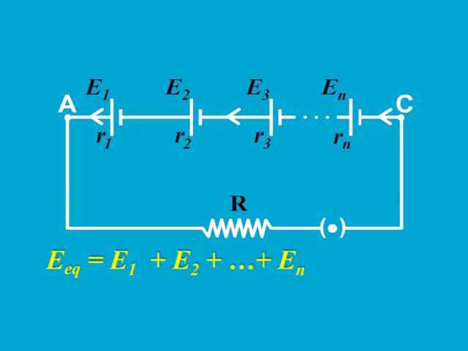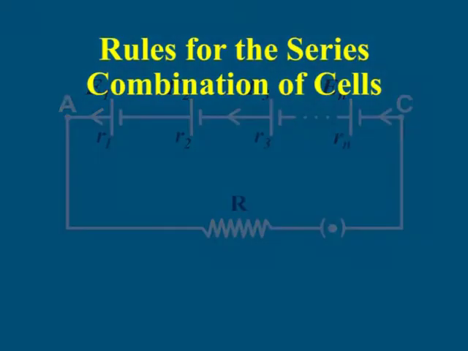And equivalent internal resistance of the cells is R equivalent is equal to R1 plus R2 plus so on up to Rn.